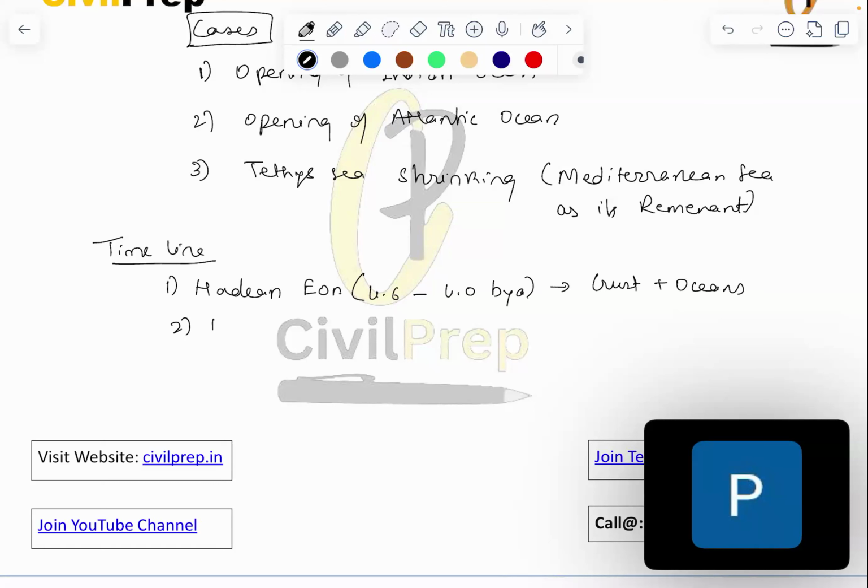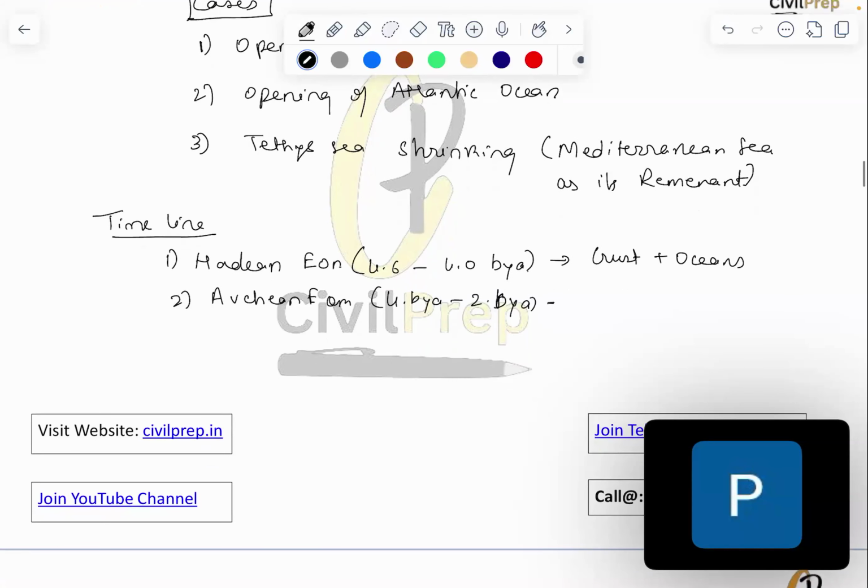Number two, Archean, which spanned from 4 billion years ago to 2.5 billion years ago. Here there was formation of continental nuclei, cratons, and it started the formation of, we can say, the supercontinent.